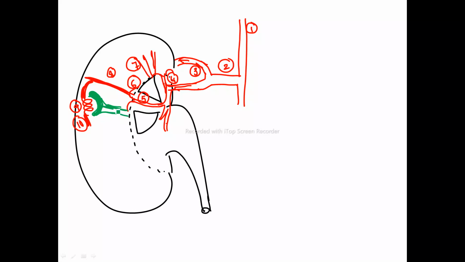All the way throughout the cortex there will be our proximal convoluted tubule, and next when this nephron approaches the medullary part, it will become loop of Henle, then a hairpin turn, and then when it approaches the cortical area, it will be wider and form the distal convoluted tubule, isn't it?